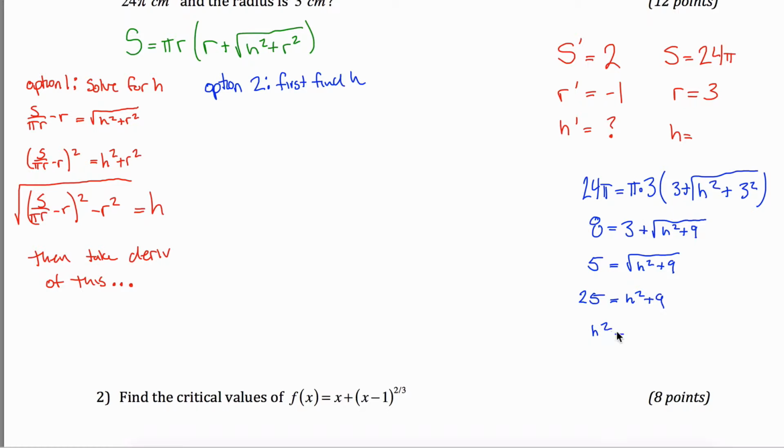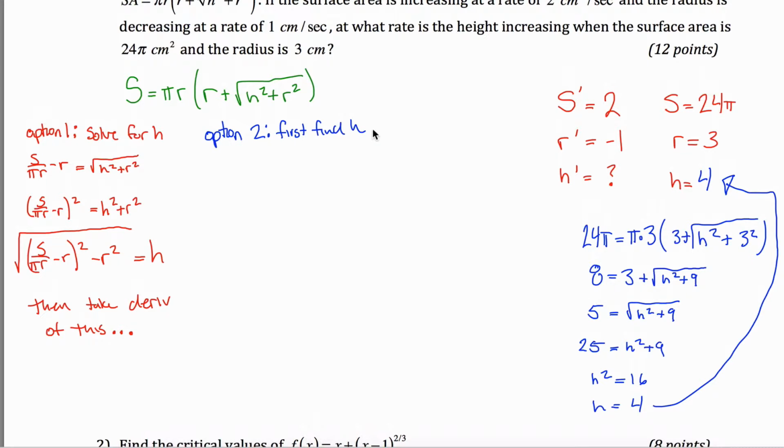So h squared equals 16. So h is equal to plus or minus 4. But since I'm talking about the height of a cone, I want the positive solution. h is 4. All that work just so I could write a 4 right there. But now that you have this 4 right here, I don't need to solve this equation for h. I can just take the derivative of the original equation.